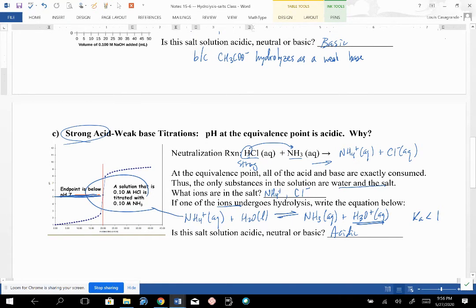However, that's not the reason. It's because the ammonium is a weak acid. And when it dissolves in water, we have that Ka expression that describes the formation of the hydronium ion.